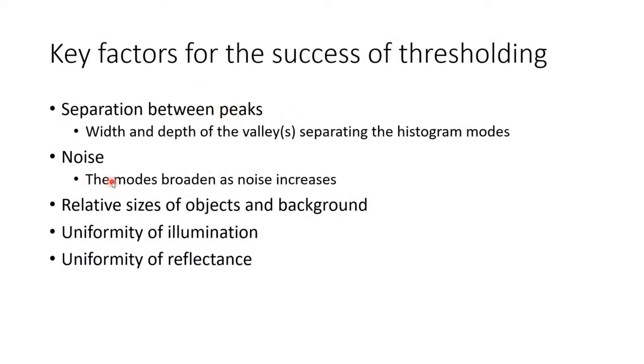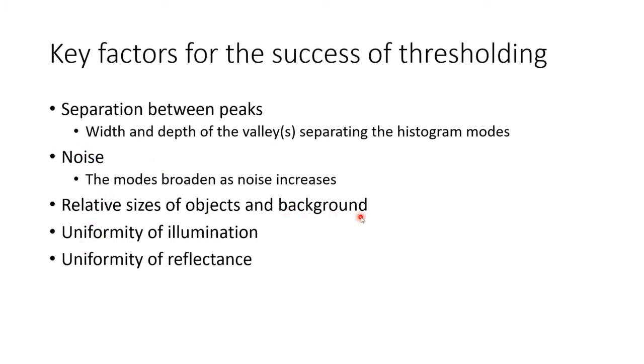And noise, always. In image processing, the real pain is handling noise. With noise, the modes are going to be broader. The more noise, the broader and broader the modes, and then they might occlude one another, so they might just merge with one another.